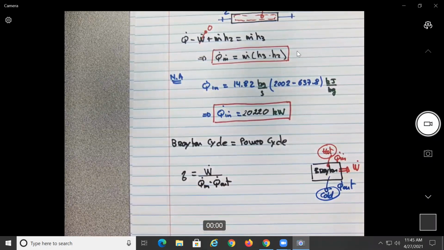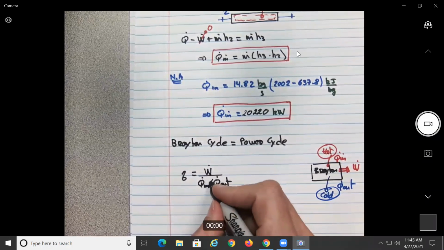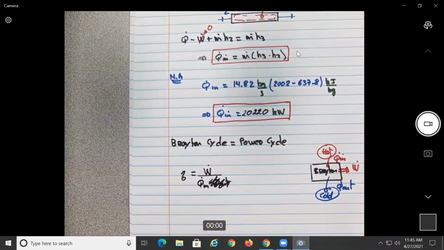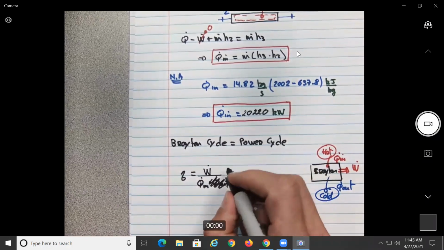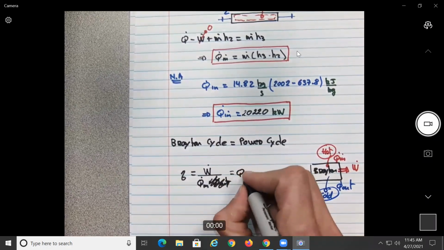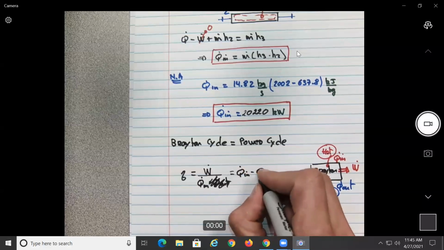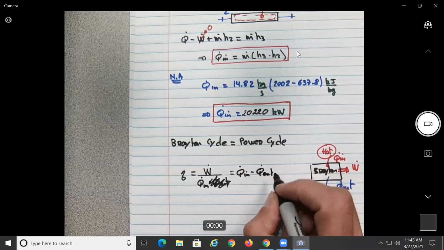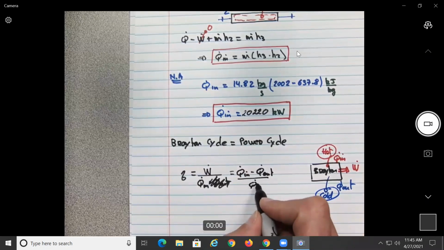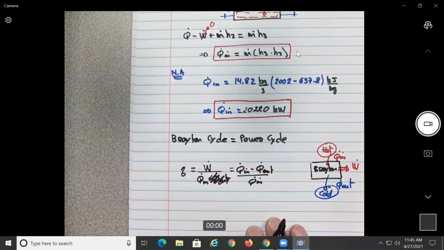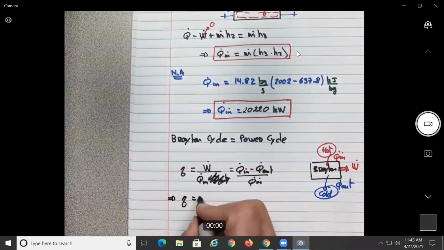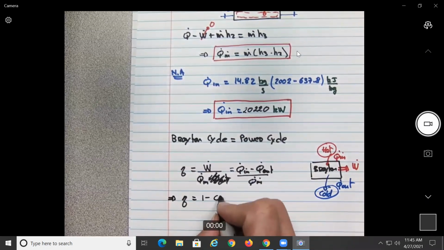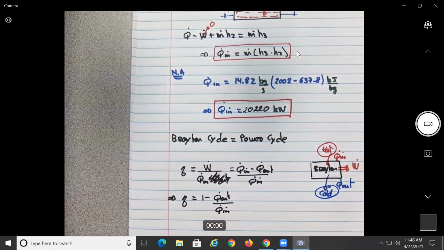So what we're putting is Q in only. Yeah? Okay. I was thinking ahead. What is the total power we can get ideally? Would be Q in minus Q out divided by Q in. So that gives us that the efficiency, I mean, we could use the first expression, but basically would be equal to 1 minus Q out over Q in.